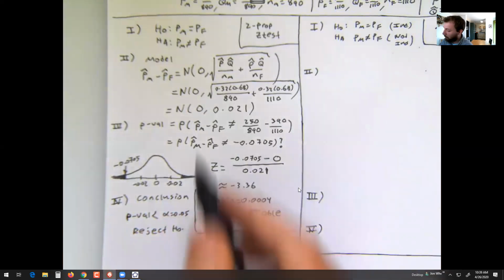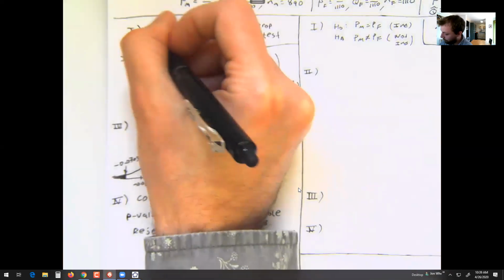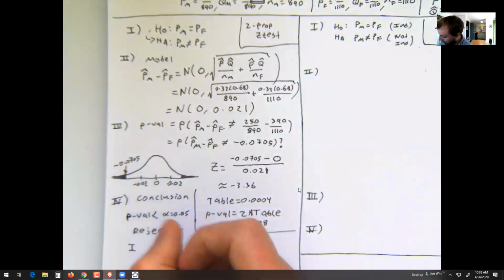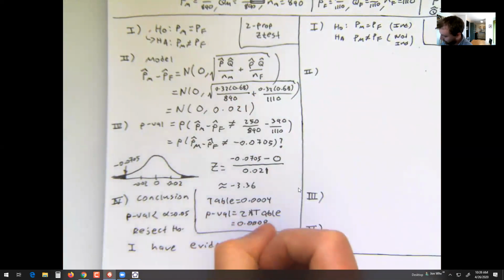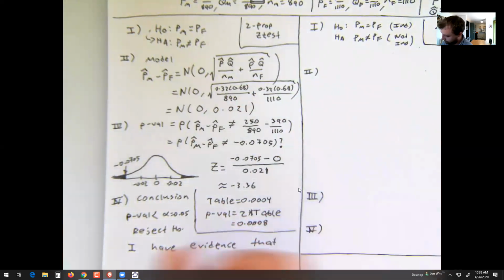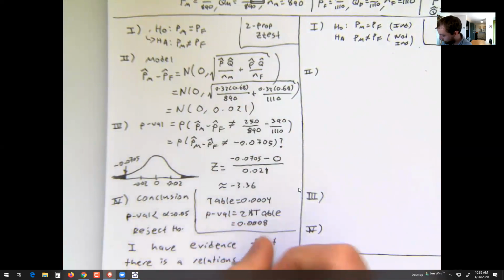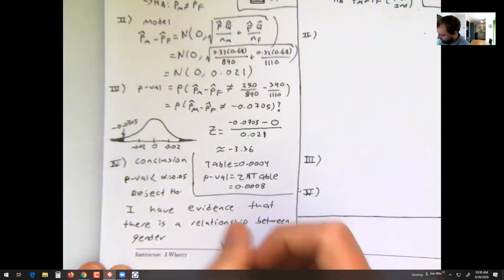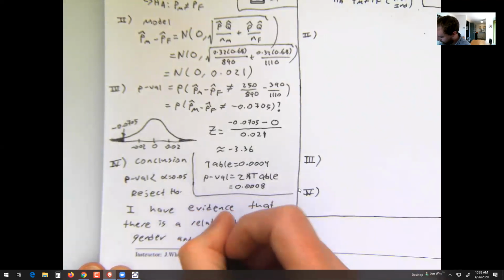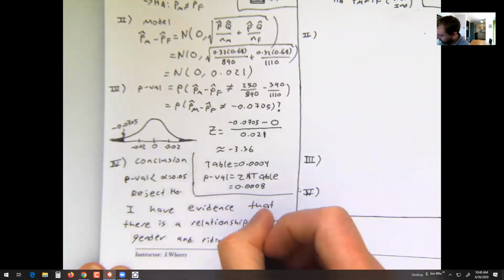If I reject the null hypothesis, this is telling me I have evidence of the alternative, so I have evidence that there is a relationship between gender and riding high tide.